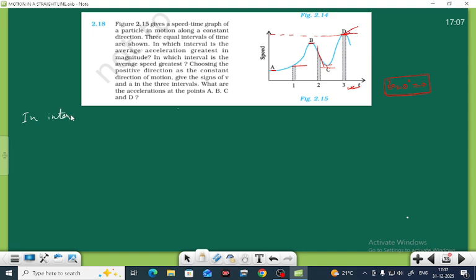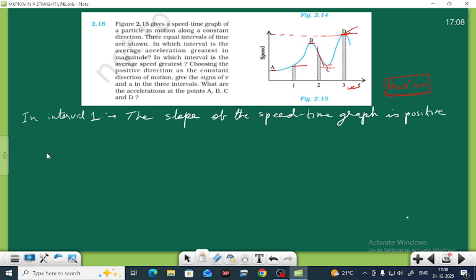In interval 1, the slope of the speed time graph is positive.